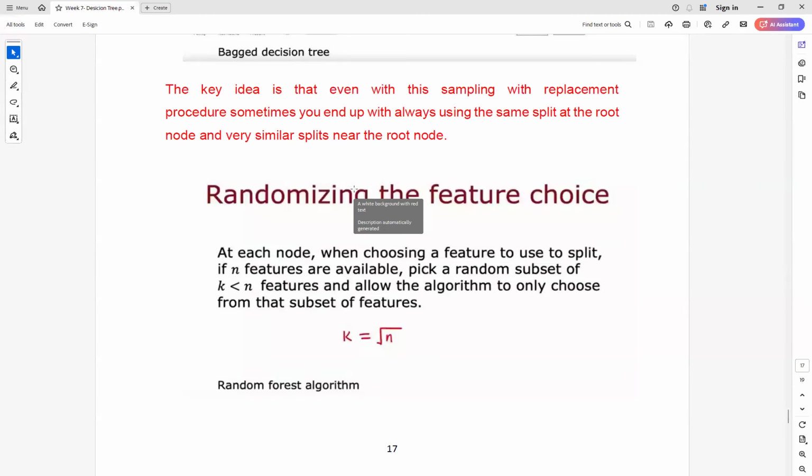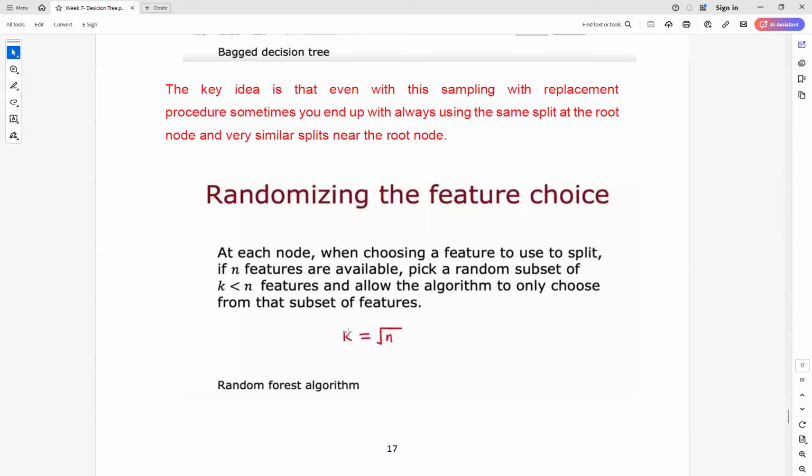So instead of focusing on 10 features, let's take a subset of these 10 features. Instead of choosing the best feature among 10 options, let's decrease it to 4 options, focus on these 4 features, and choose the best one to start splitting on, right?